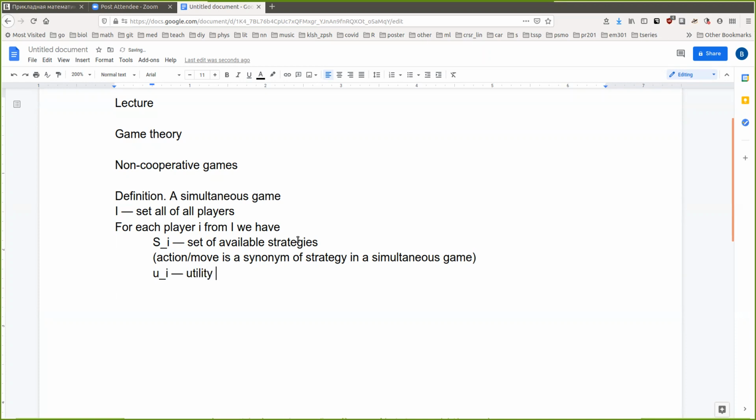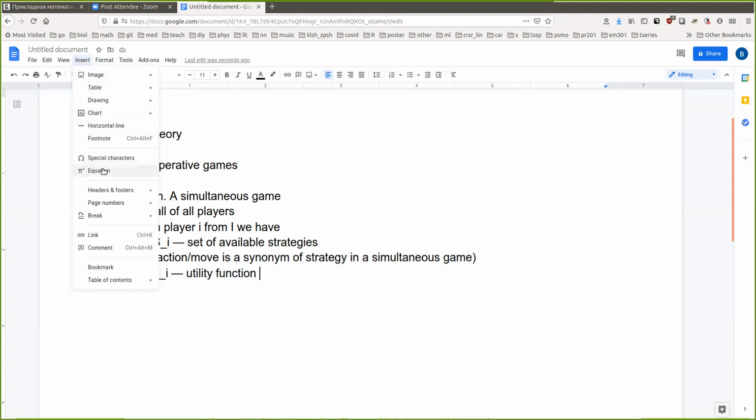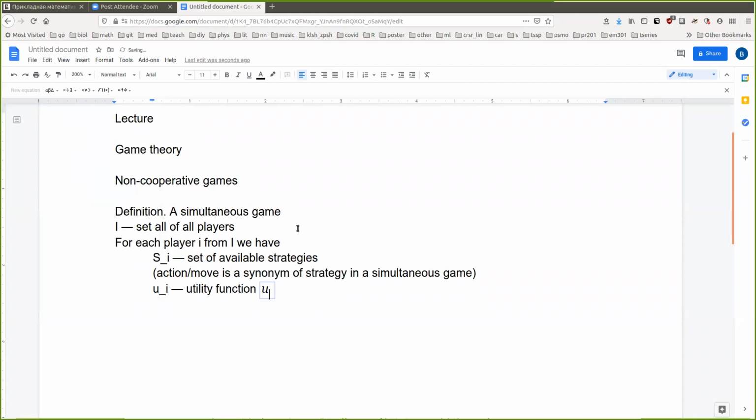The utility function of player number I is just U_i of s_1, s_2, through s_n. So this is a utility function of each player, and it depends on the choice of each player.